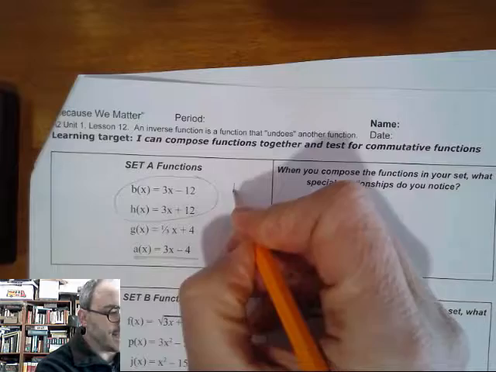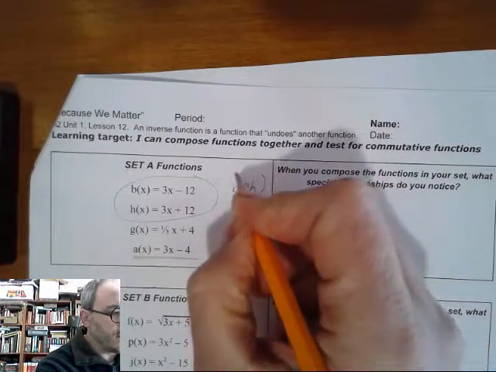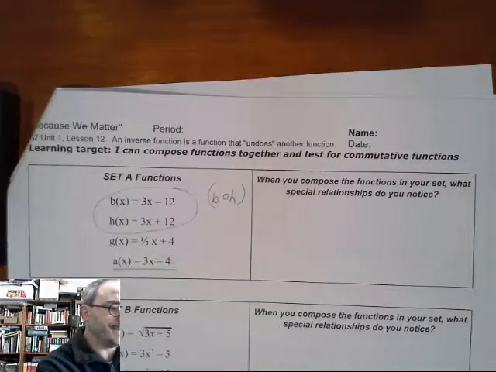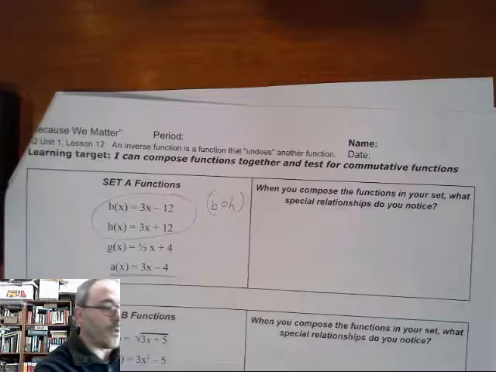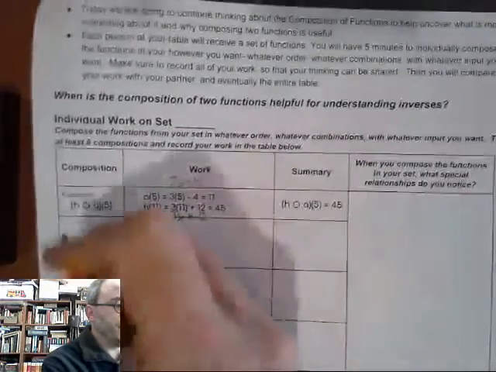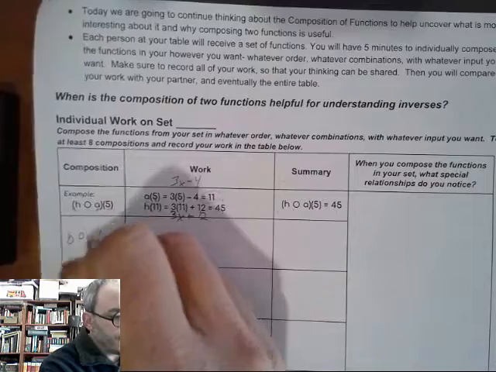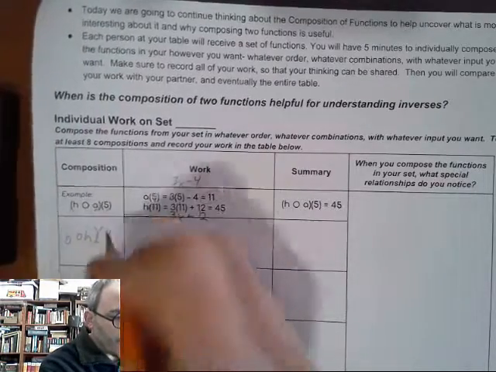I'm going to compose this as the B of H of, what could it be? I'm trying to think of a good number, of 4. Okay? The B of H of 4.